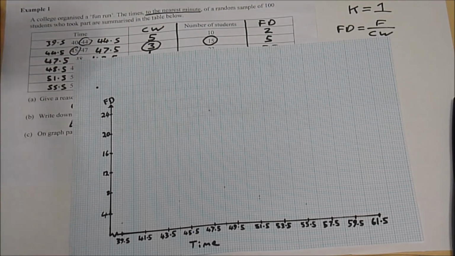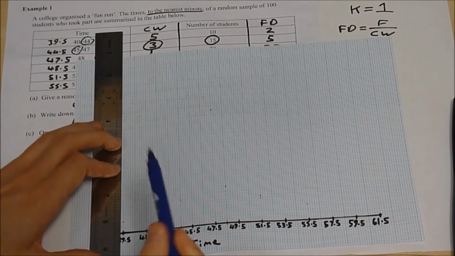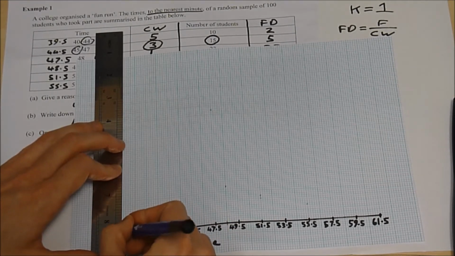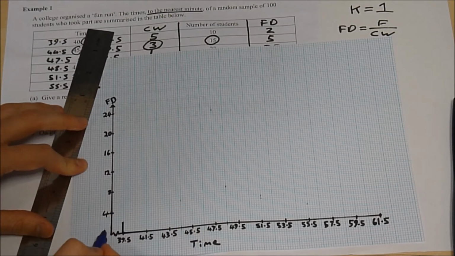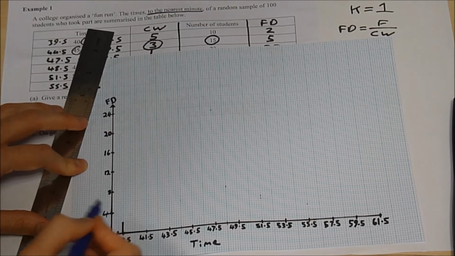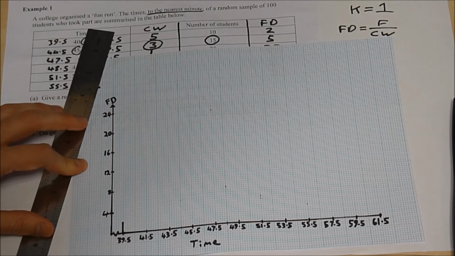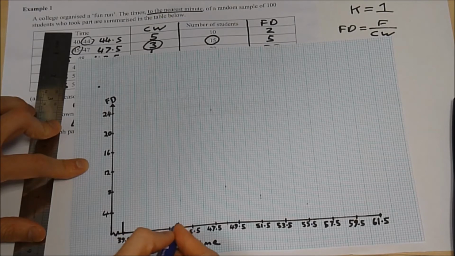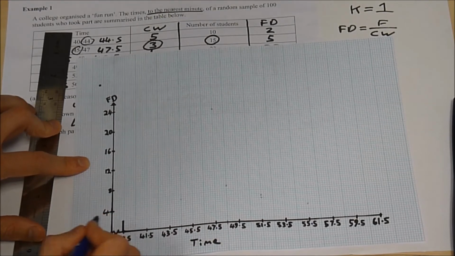So I get my ruler and plot from 39.5 up to 2, working my scale out. Each box is worth 2. So one medium box is 2, so 2 medium boxes is 4, that's 1 big box. So that's 2, and I'm going to go across to 44.5.